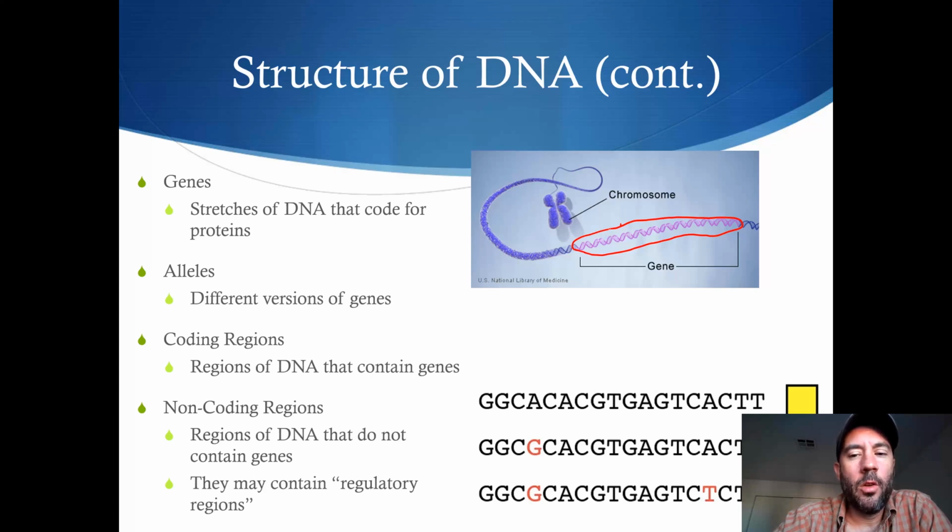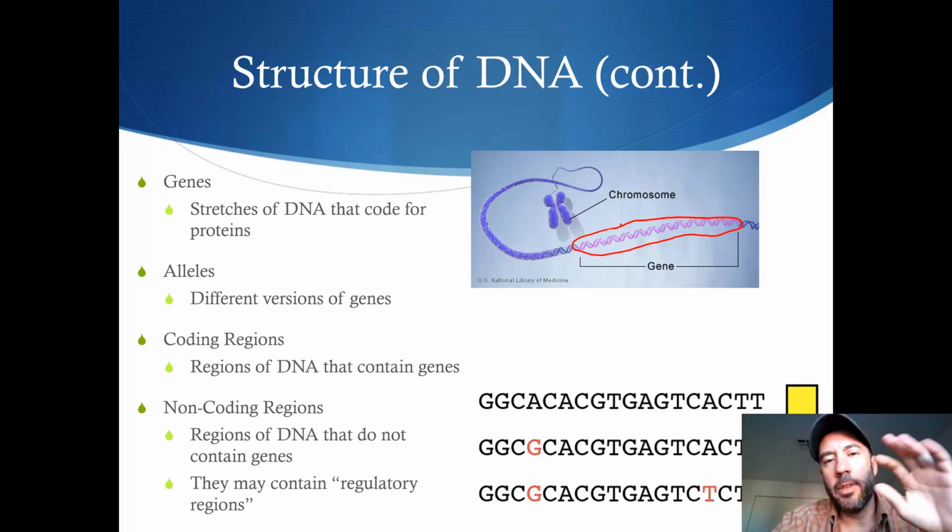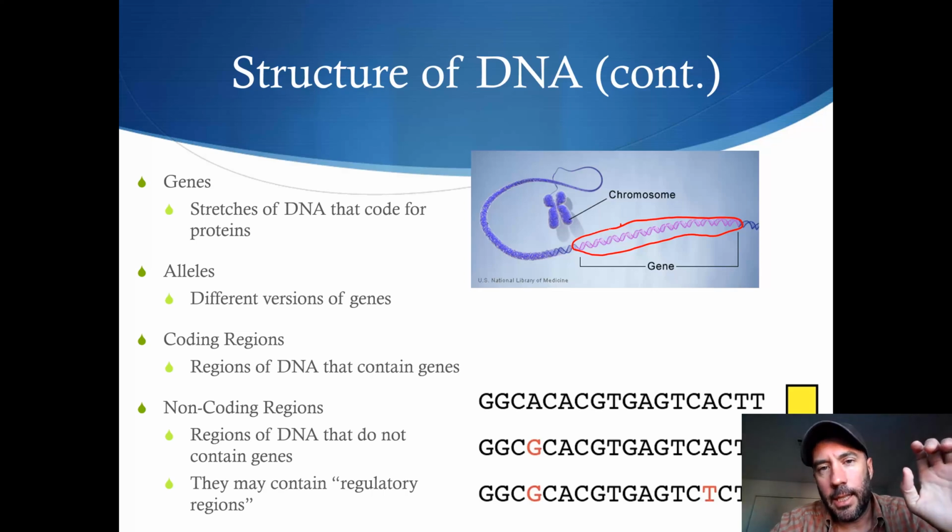Now, except for certain genetic anomalies, where maybe there's a section of the DNA that has been snipped out or deleted, we all have the same genes. I know that sounds counterintuitive, but think of it this way.